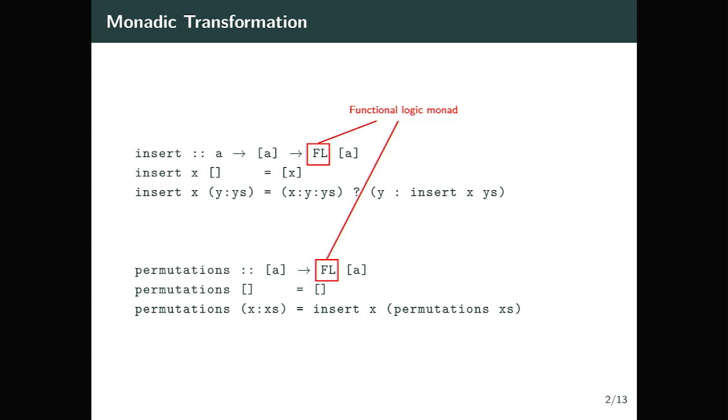I won't go into detail on how this monad is implemented; there are several implementations available. Basically, all you have to think of is a monad that is capable of representing non-determinism and perhaps free variables and so on. We use this monad in our implementation, which is now called FL for functional logic. So we can add the functional logic monad in the result of our functions.